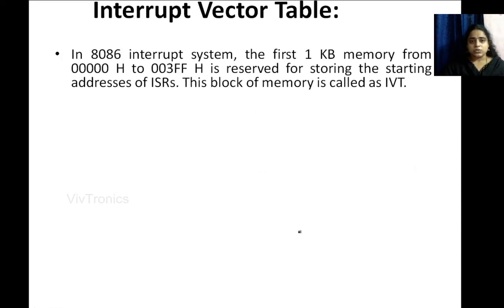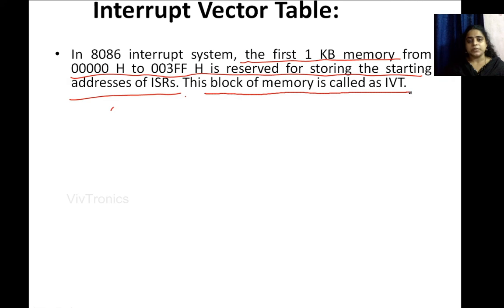Now in the 8086 interrupt system, we have seen the memory segmentation diagram. The first 1 kilobyte of memory, from 00000H to 003FFH, is reserved for storing the starting addresses of interrupt service routines. This block of memory is called the interrupt vector table. So this is the perfect physical definition of the interrupt vector table.